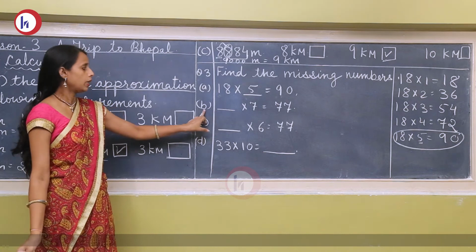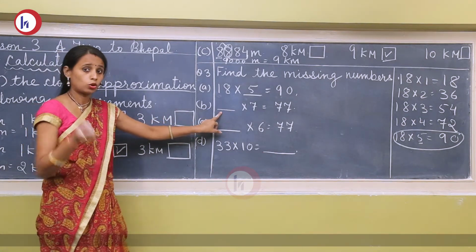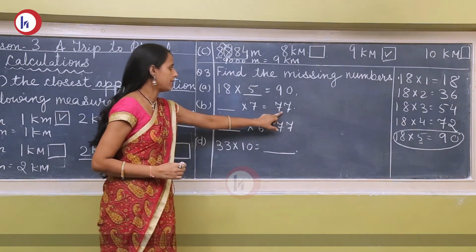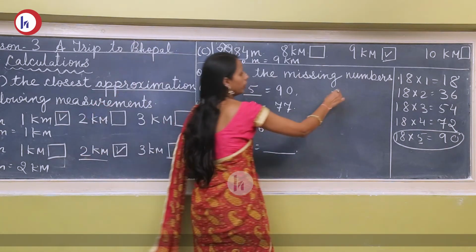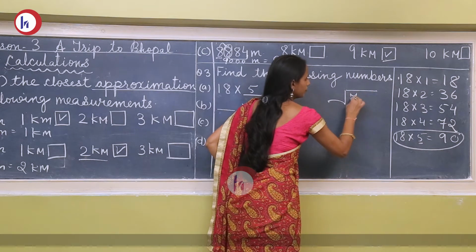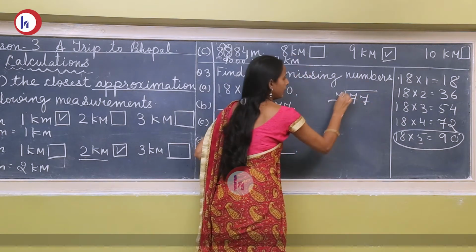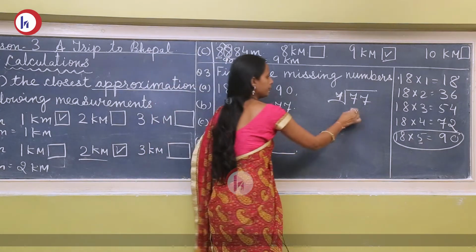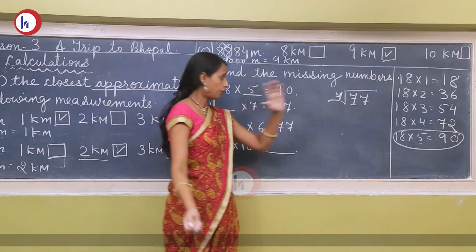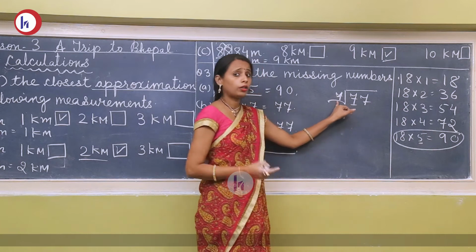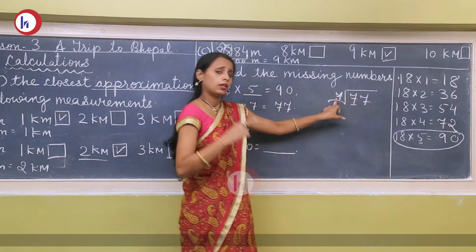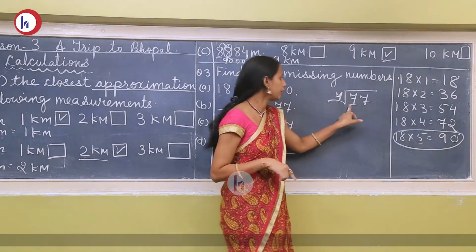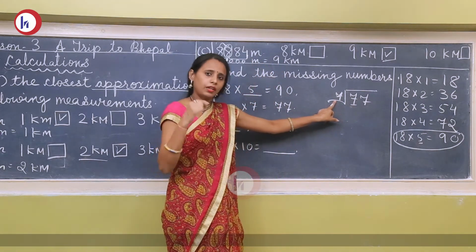Then B. Here the first number is missing. So to find the first number, we have to divide the two numbers. 77 divided by 7. See the rule of the division. See the first digit. It is 7. Now can we divide by 7 or not? Yes, we can, because it is equal. The rule is when the first digit is greater than or equal to 7, then we can divide it.